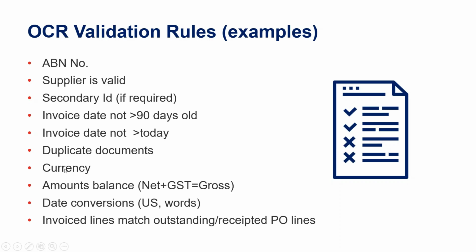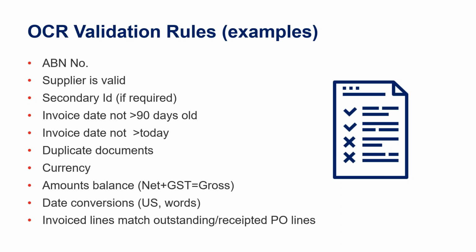It checks the currency as well, to see if the currency code is set up in Sun. Some simple checks, amount balancing, which I went through before, to make sure that the net amount plus the GST amount actually adds up to the gross amount. It has some inbuilt smarts about date conversion, so it will read US format or any day format in words, and it will convert into the required format that iPOS will take.